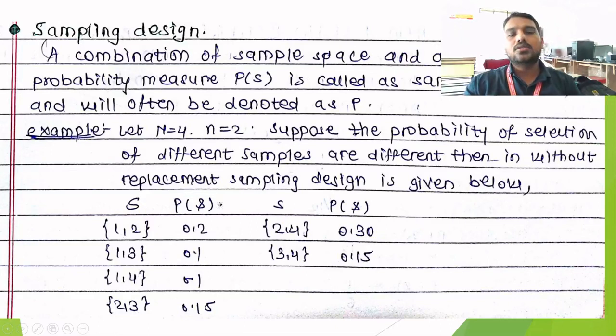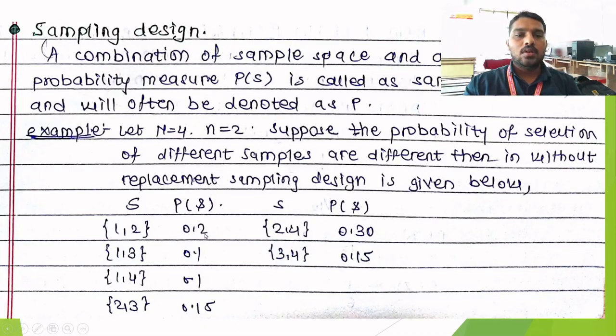And these associated probabilities we can define, or we can take them as equally likely samples or events.